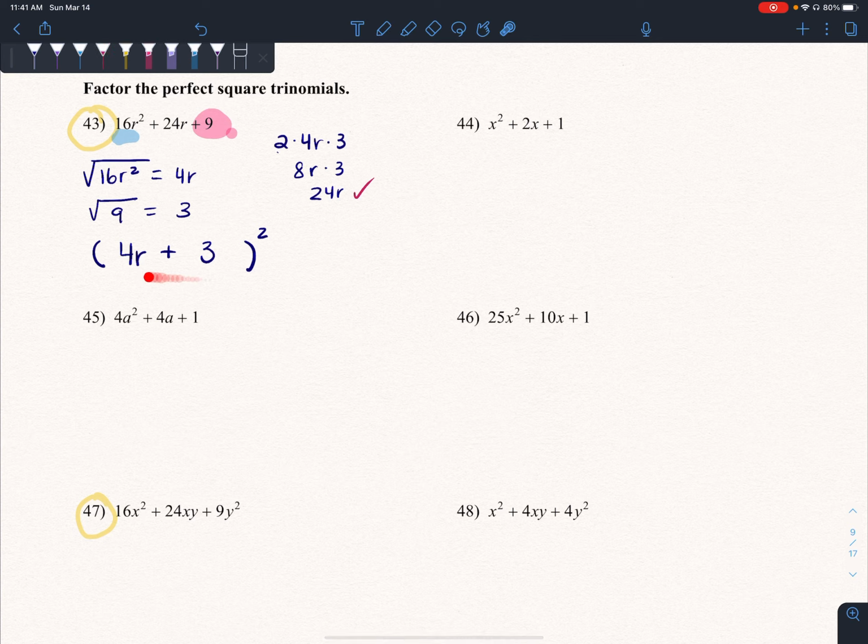So this would be your perfect square trinomial. You can write it like this with the square. You can also write it as 4r plus 3 times 4r plus 3. So you can do it this way because I'm telling you that they're a perfect square trinomial. If you don't really like this, you can also do product and sum and you will get the same answer.